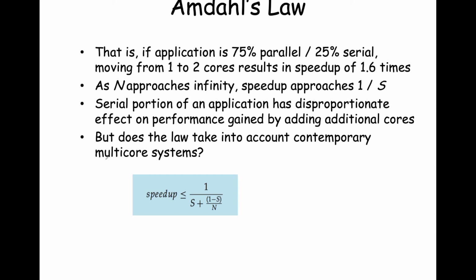So as n, the number of cores, approaches infinity, your speedup approaches 1 over the serial amount. And so the serial portion of an application, therefore, dictates the effect on performance of adding more cores. So it doesn't matter how many cores you add. Yes, you'll realize a performance gain, but it's limited by the amount of your program which is serial in its nature.